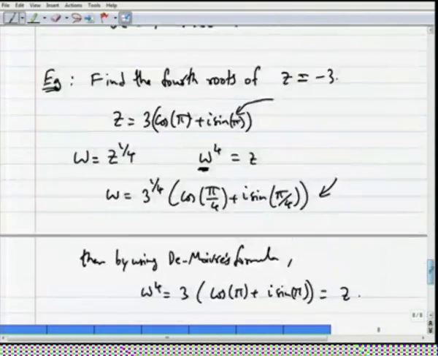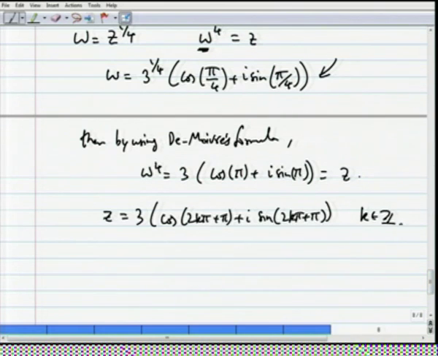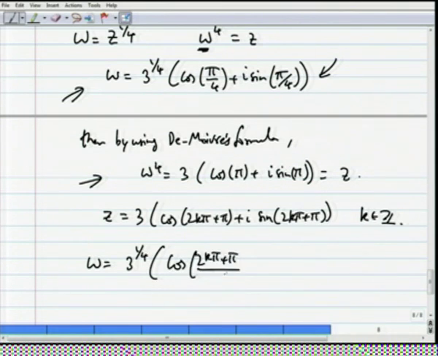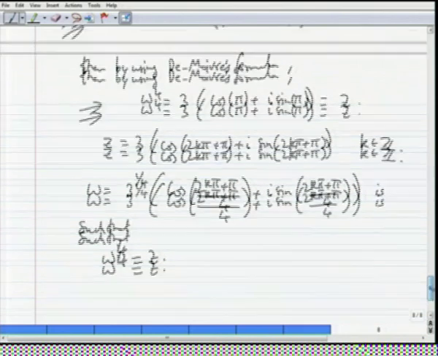So, if we consider z to be 3 times cosine of 2k pi plus pi, plus i times sin of 2k pi plus pi, which it is because sine and cosine are 2 pi periodic, k belongs to integers, then by doing the same, what we can say is that w equals 3 power 1 by 4 times cosine of (2k pi plus pi) divided by 4, plus i times sin of (2k pi plus pi) divided by 4, is such that w power 4 now gives you z.